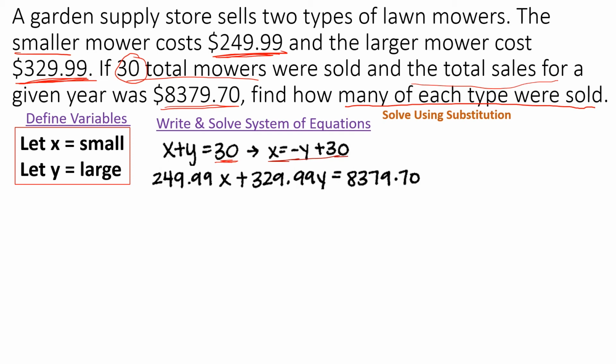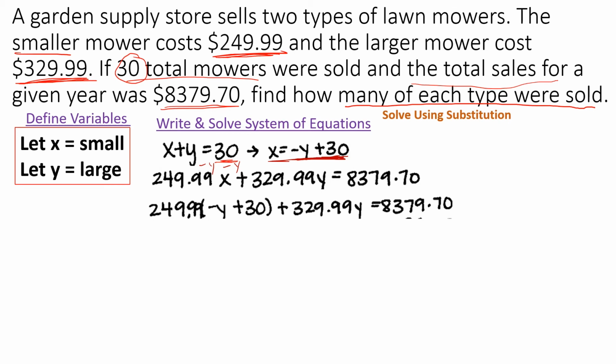The y becomes negative because I simply subtract y from both sides. And what would I do with this negative y plus 30? Of course, I'm going to substitute it back in. And so since that equals x, instead of putting x here, I replace that with negative y plus 30. So I substitute it. Then simplifying with the distributive property.